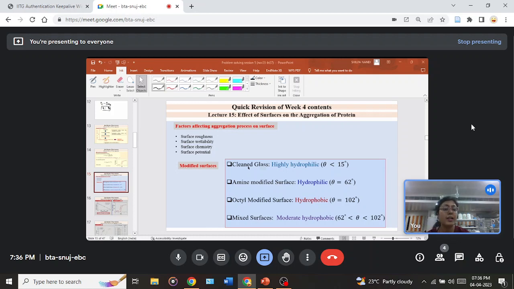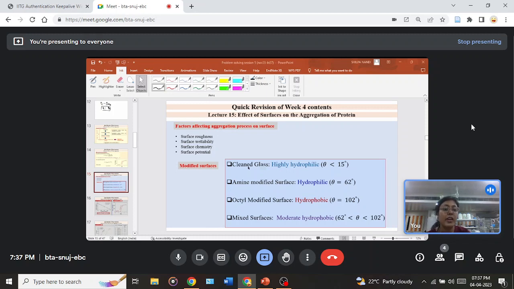When the contact angle is greater than 90 degrees, we term it hydrophobic, and when the contact angle is less than 90 degrees, we term it hydrophilic, right? In the case of this octyl modified surface, theta is 102 degrees. And mixed surfaces will have both the amine modified as well as the octyl modified surface. This will have a moderate hydrophobic nature, between 62 and 102 degrees.